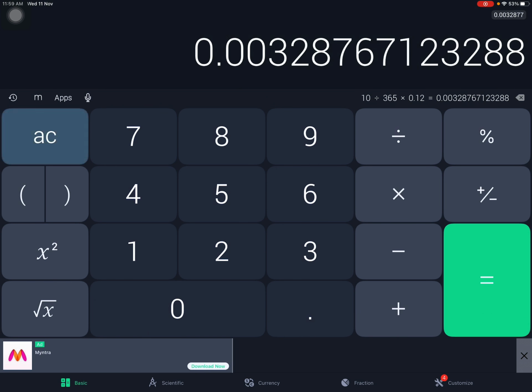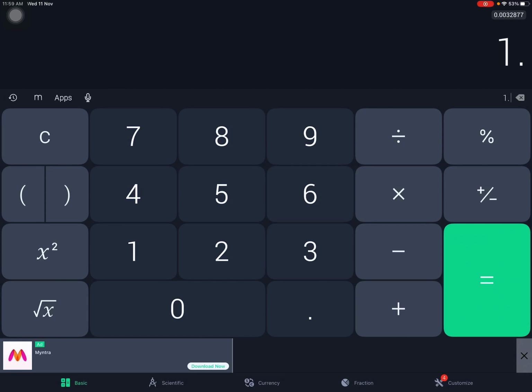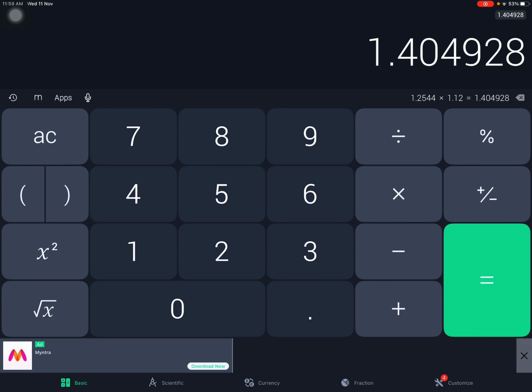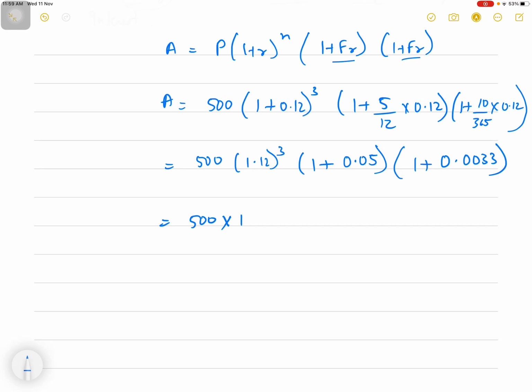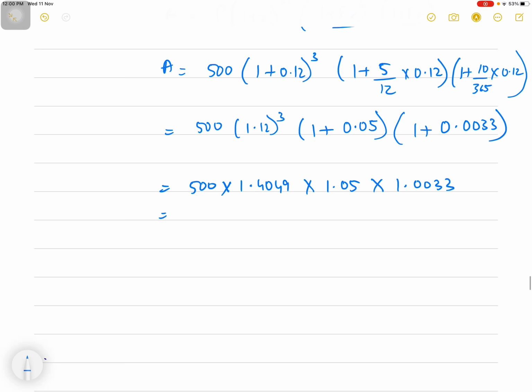So 1.12 raised to 3 comes to 1.4049. 1.4049 multiplied by 1.05 multiplied by 1.0033. Okay. So let's multiply all the 4 numbers.